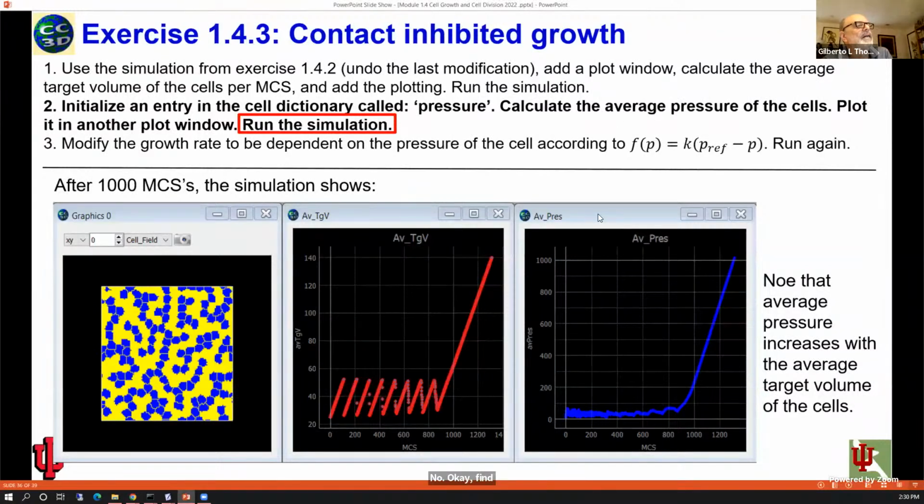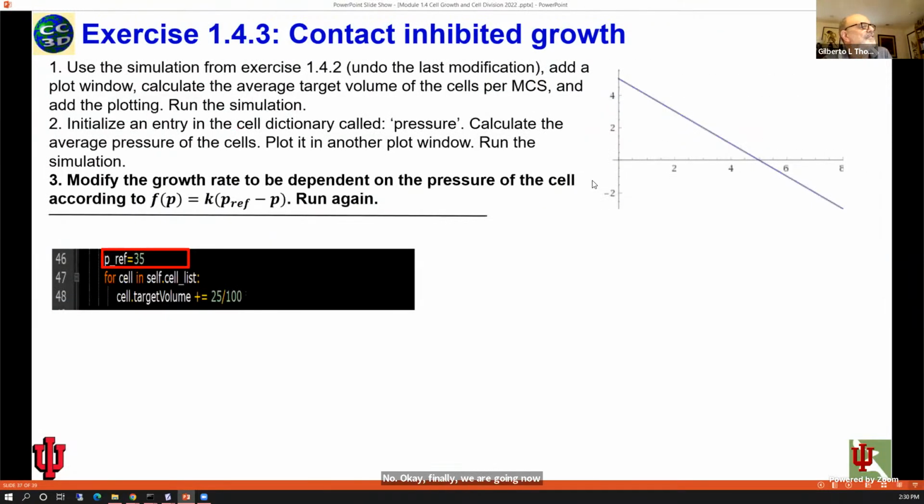Finally, we are going now to change the way that growth happens. How do you do that? Well, we have to control the cell target volume growth in the steppable.